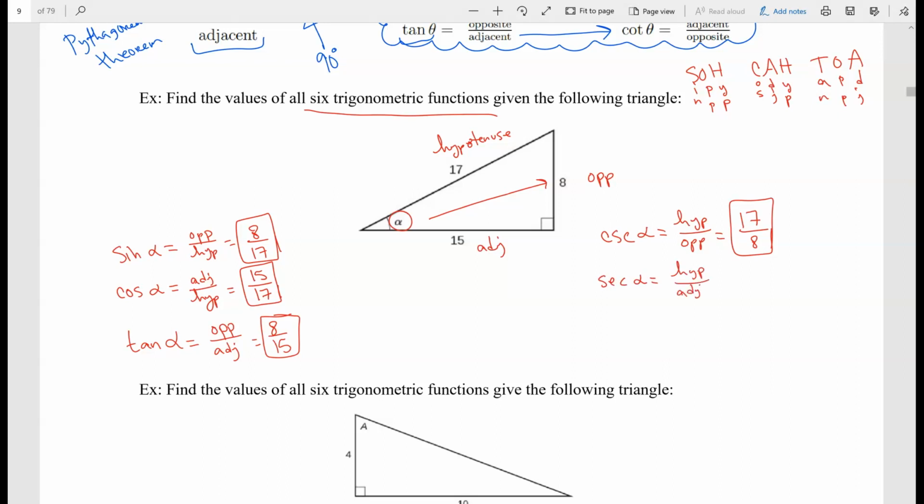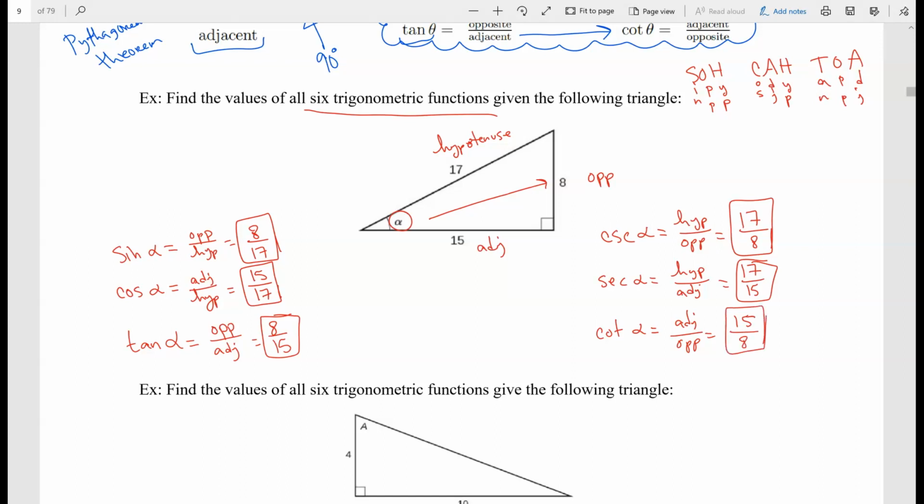I always like to think about that as the opposite of the cosine, so just flipping it over. It's going to be 17 over 15. And then finally, the cotangent of alpha is going to be the adjacent over the opposite. That's going to be 15 over 8.